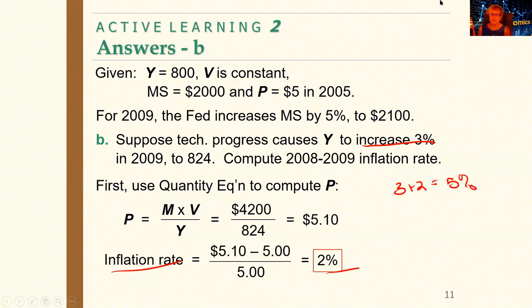One focuses only on inflation: a 5% increase in the money supply led to a 5% increase in the price level. In the second example, B, we had a 5% increase in the money supply, and that 5% on the other side of the equation was parsed out as a 3% growth in GDP and then a 2% increase in prices. Which is better? I would like B as well.